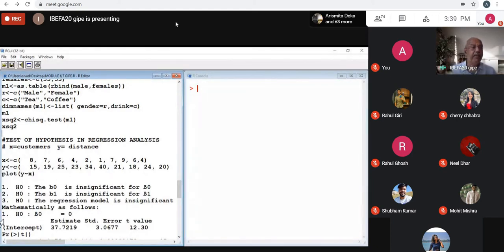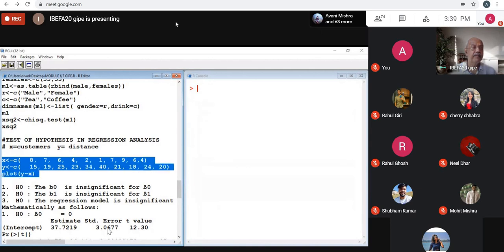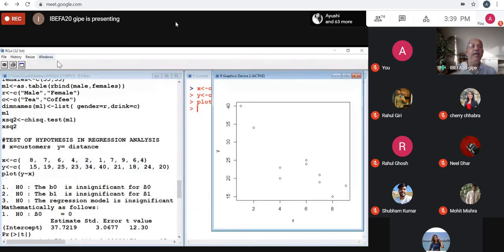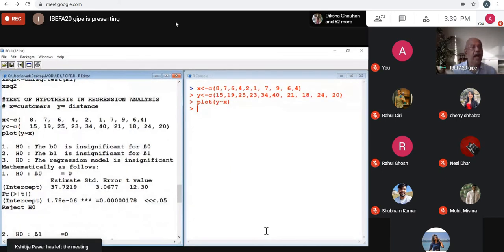So I type the data as usual or take the data from the file. This is the graph we have done already. Studied several things. I have stated hypothesis 1, 2, 3. I apply the LM model now.